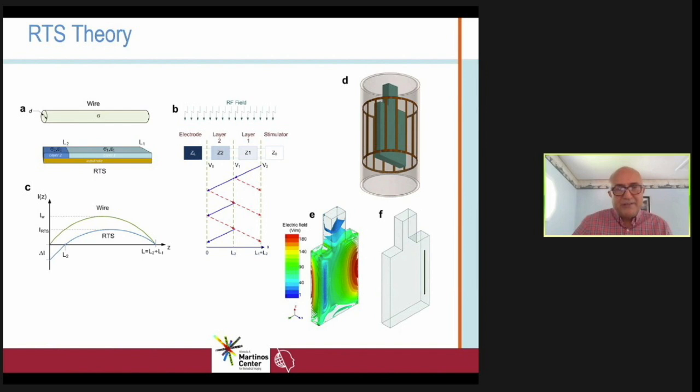The other part of the design is that we wanted to amplify or maximize the reflections. So the reflections would reflect the signal back towards the IPG or the neurostimulator and away from the electrode where the burn or the lesion occurred.